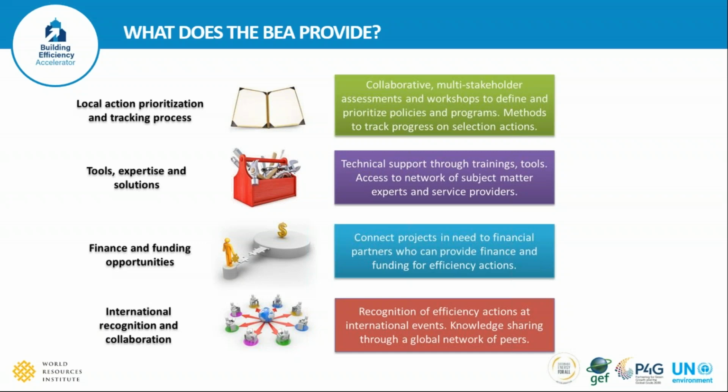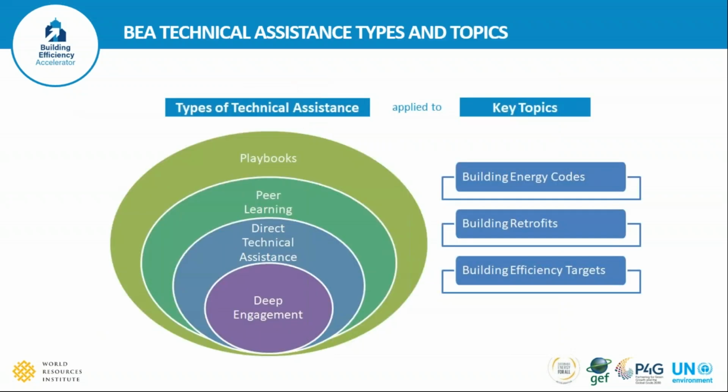And we also serve as an excellent avenue for international recognition and collaboration. The work that is happening in cities all around the world is incredibly impressive, and it's often really hard to get that awareness out of the city and onto the global stage. And the Building Efficiency Accelerator provides an excellent platform to do that.